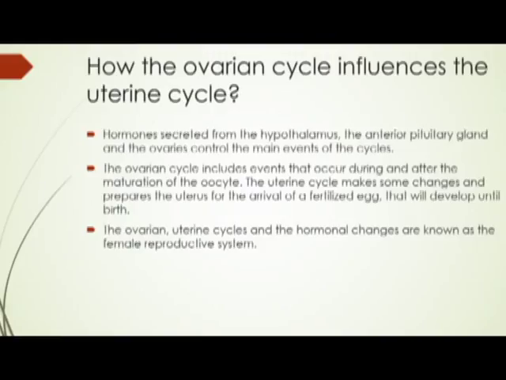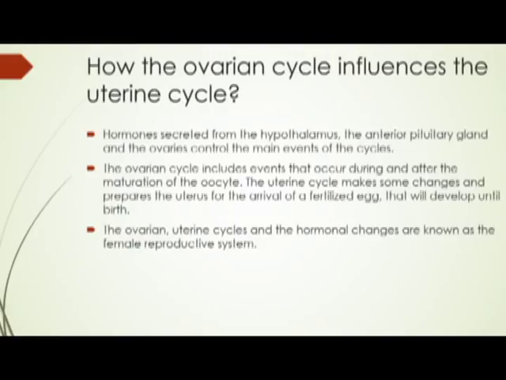Well, how does the ovarian cycle influence the uterine cycle? The hormones secreted from the hypothalamus, the anterior pituitary gland, and the ovaries control the main events of the cycles. The ovarian cycle includes events that occur during and after the menstruation, the maturation of the oocyte.